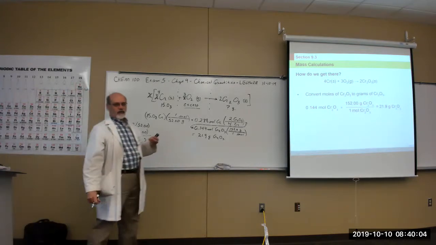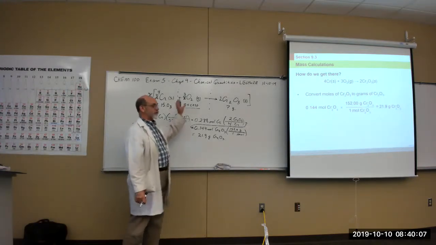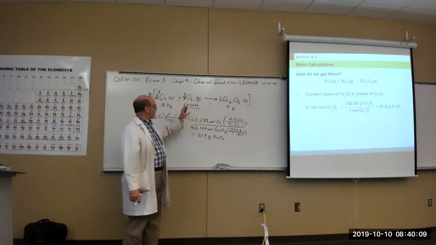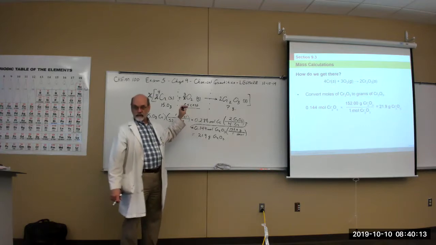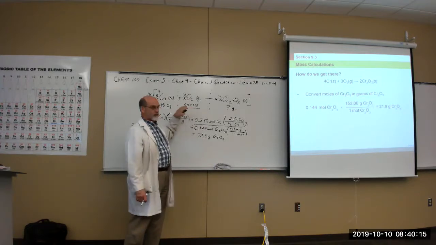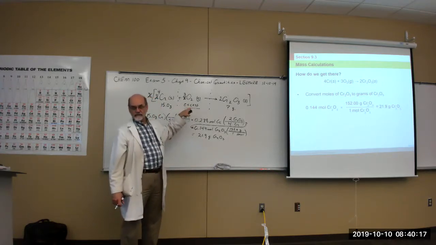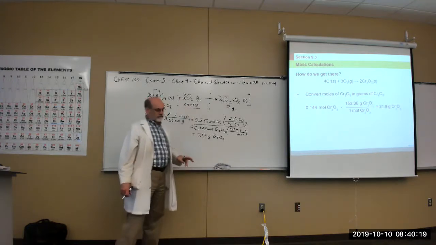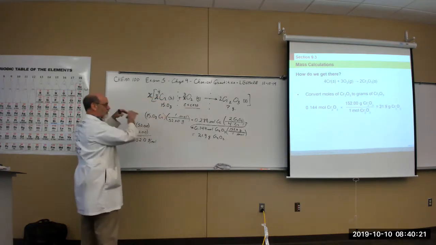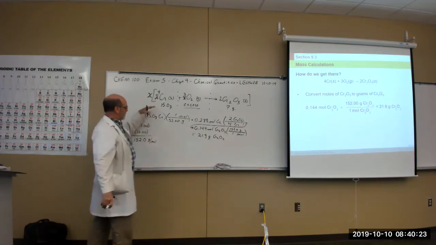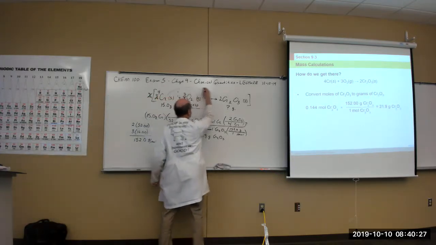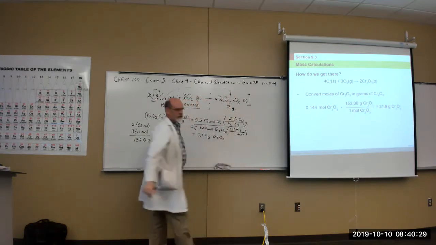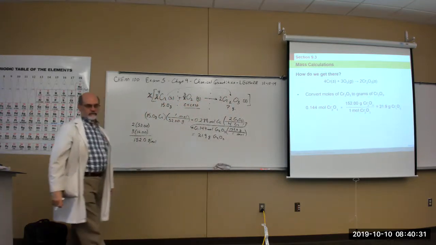But when we get to the point where we're talking about gases, if you're given certain information about the gas, it doesn't have to be in mass, doesn't have to be in moles, but if you're given the right information, you can calculate how many moles of oxygen there are and go from there. But for now, we're just talking about mass. So mass here, convert to moles, then you can travel here, convert back to mass. Okay.